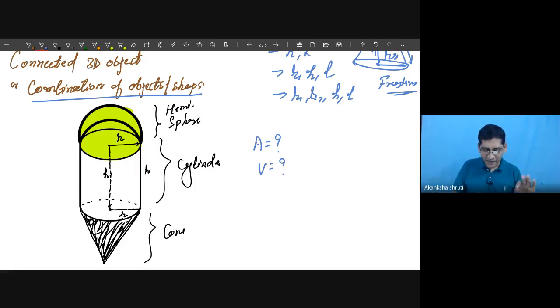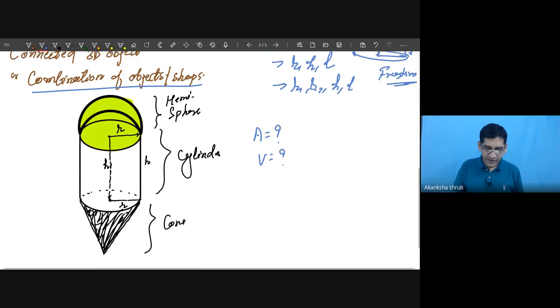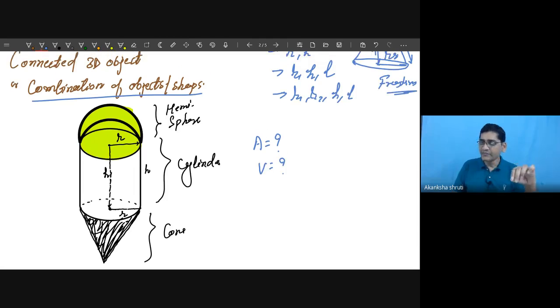The steps I am not going to write. I had already explained for the 2D figure the same thing, but I will apply it. So that's why it is important here to recall all the formulas relating to the basic shapes like our cube, cuboid, sphere, cylinder.